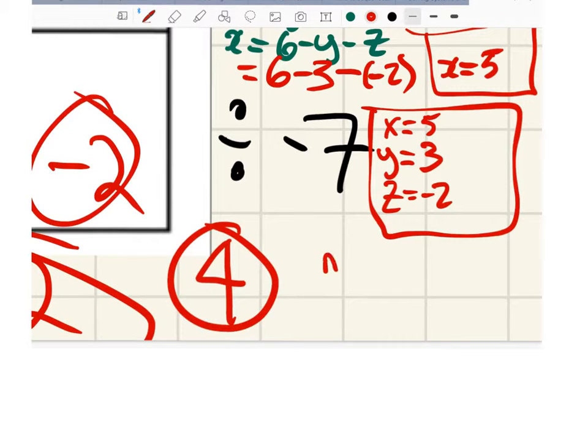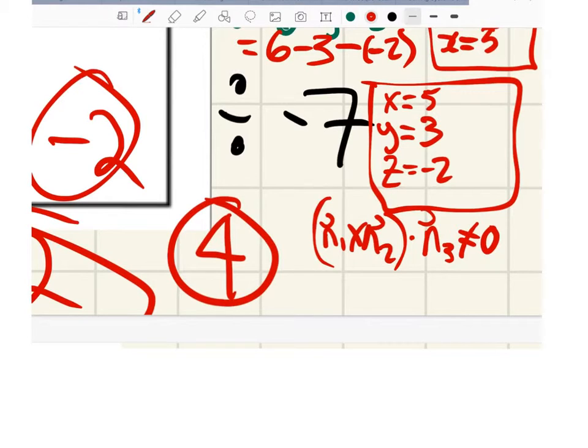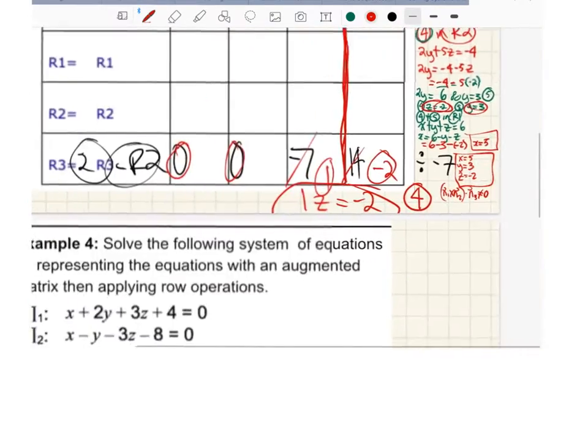That would also mean that N1 cross N2, had we done it, dot N3 would not have been 0. Okay, they would not have been coplanar. So there's our point of intersection right there, 5, 3, and negative 2.